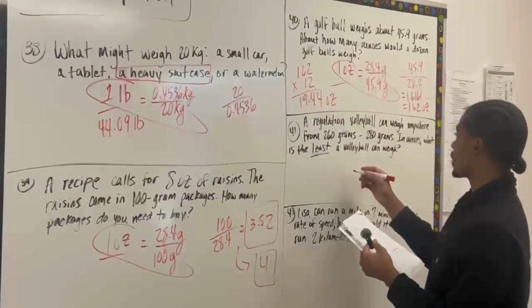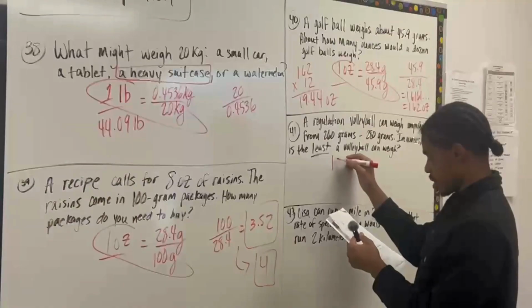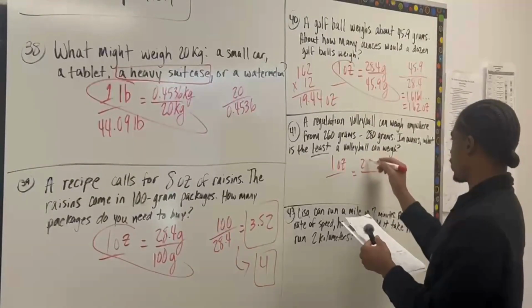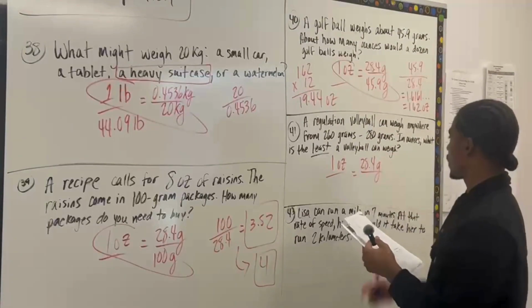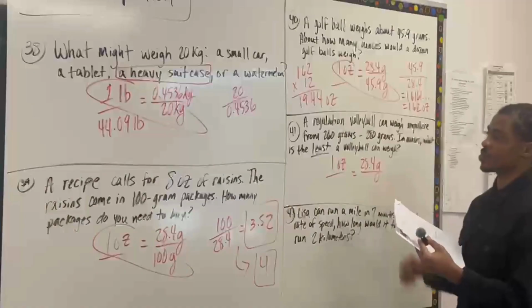Okay, which is 1 ounce is equal to 28.4 grams. Okay. And then it says, what is the least? Which of these numbers do I need to use?